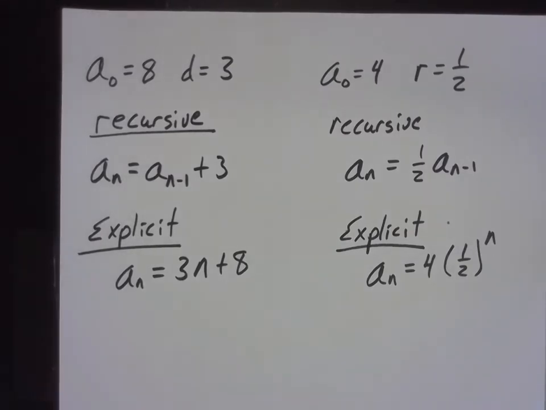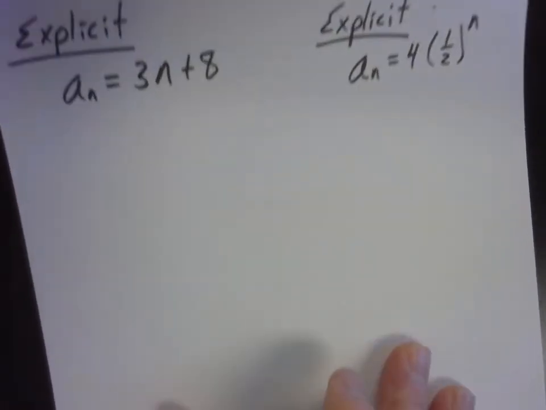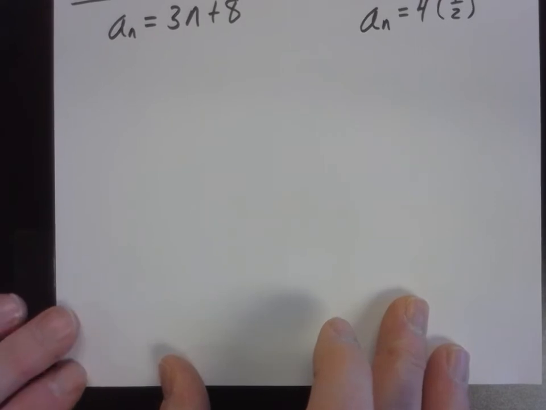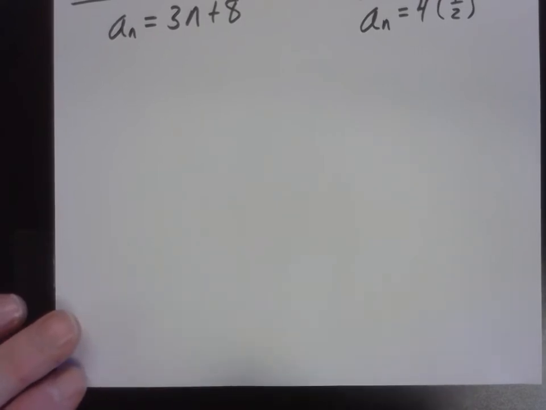Okay, got that in your notes? Okay, so probably the weirdest problems that you're going to have to do today are going to look something like this. Write an explicit rule for the recursive rule.